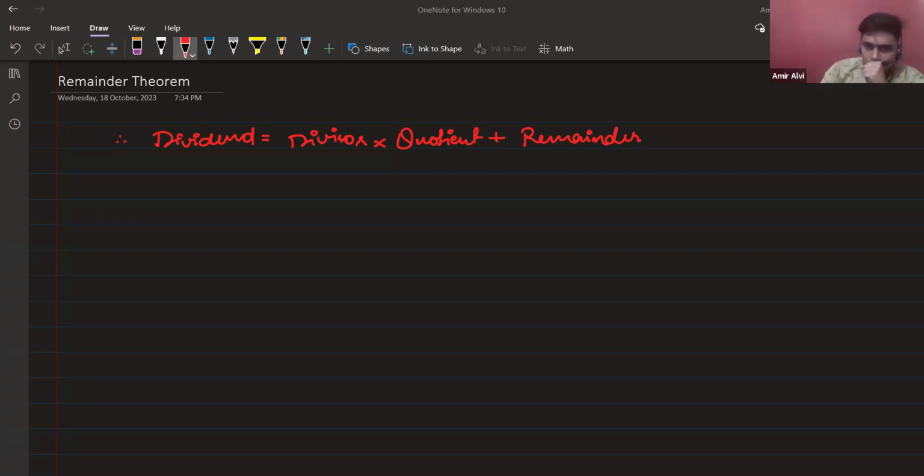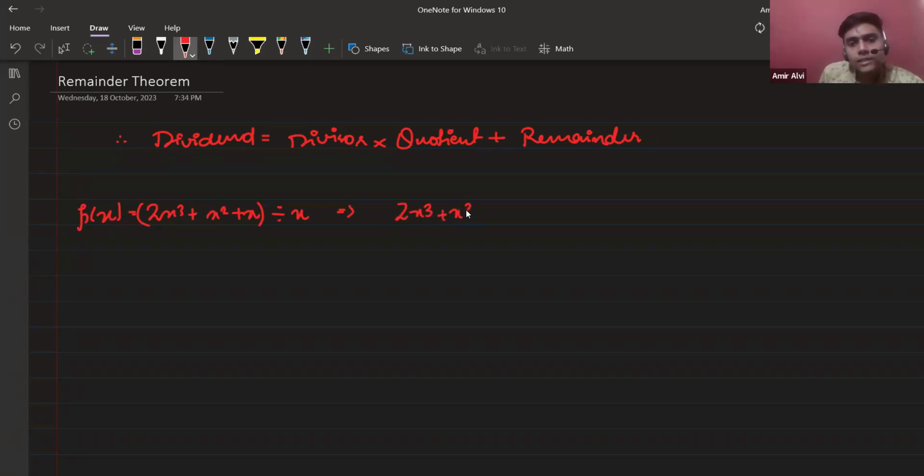So let's take an example. Suppose p(x) is given as 2x cube plus x square plus x, and this whole term is divided by x. So you will write this as 2x cube plus x square plus x, divided by x. You do the same kind of thing.